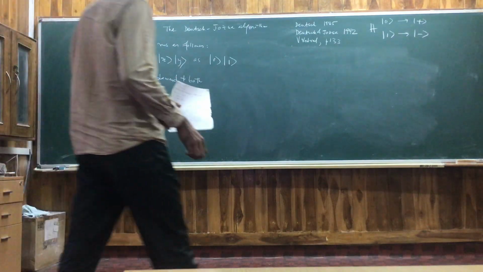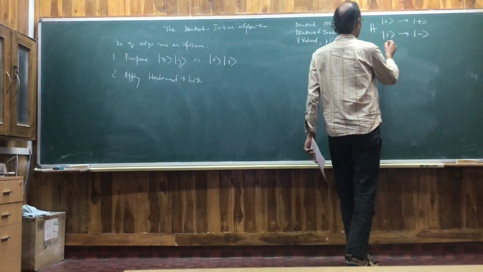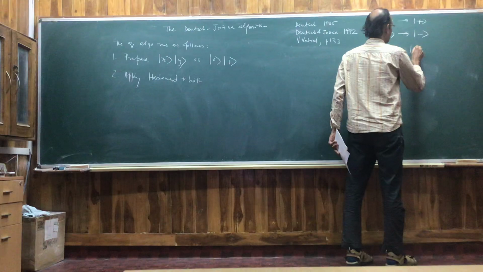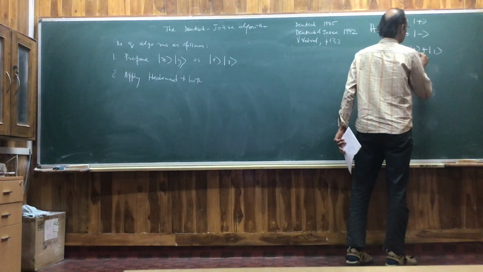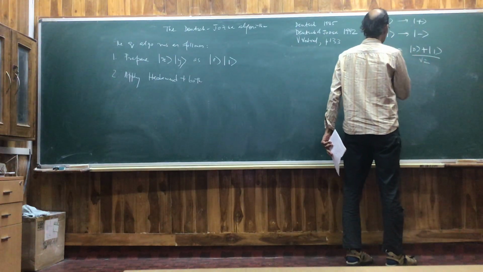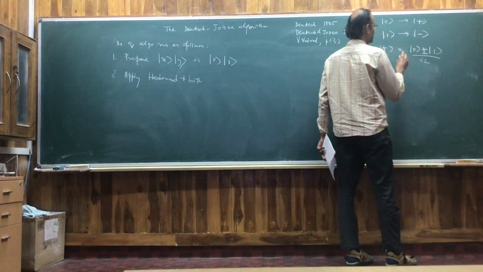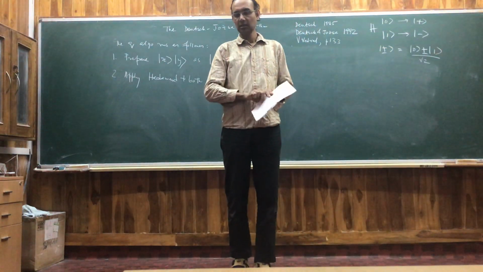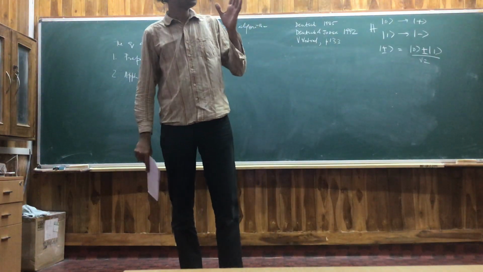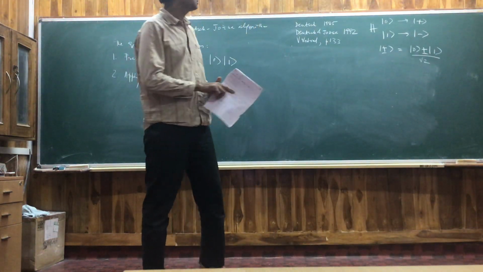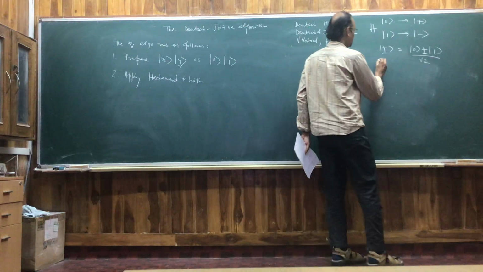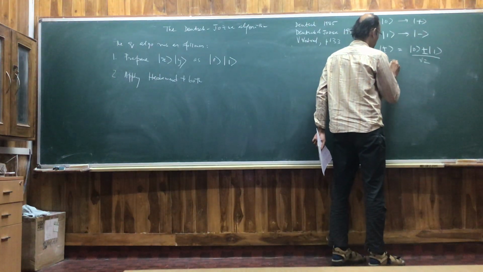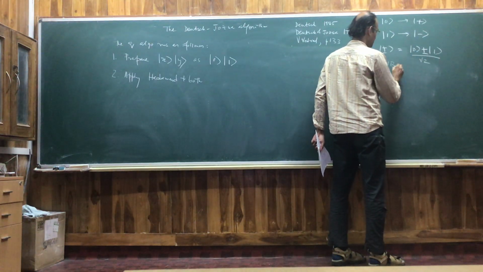So one could have considered others, but this plus and minus are 0 plus 1 by root 2, and the minus is this. But there are many others like this. We have chosen this. The reason is that these are the so-called mutually unbiased bases.